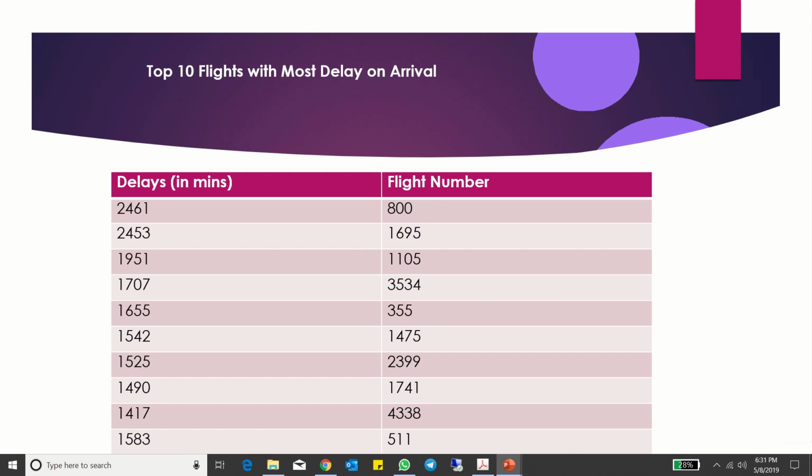The second highest delay is 2453 minutes for flight number 1695, and the lowest delay is from flight number 511, that is 1583 minutes.